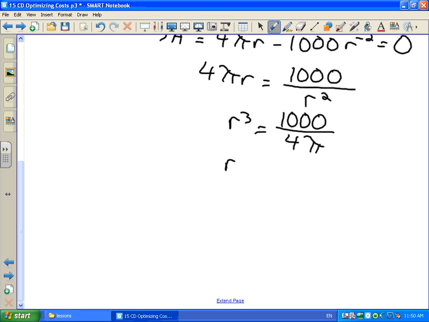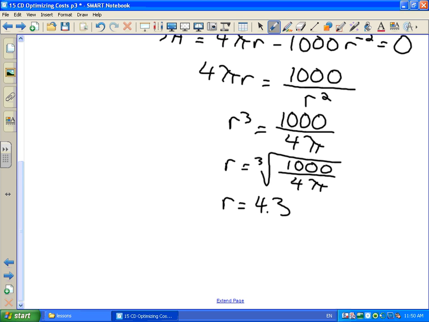We can just take the cube root here to get the value of r. When I do that, I get r is 4.3. Okay, so that's going to be our radius. At this point, we would do the second derivative, sub in our value of r, and check that we actually had a minimum.